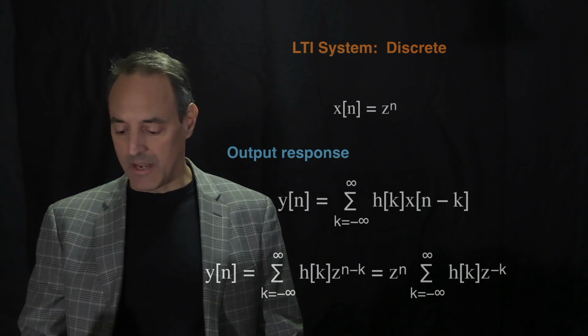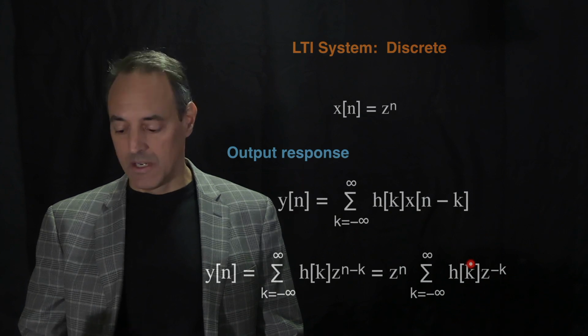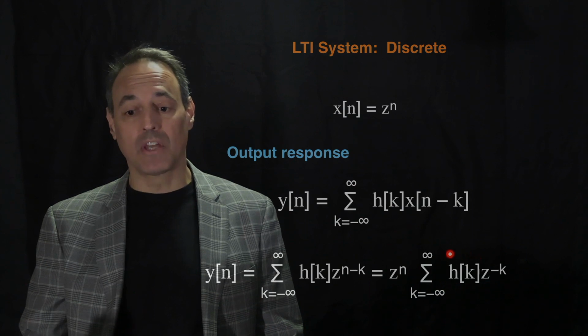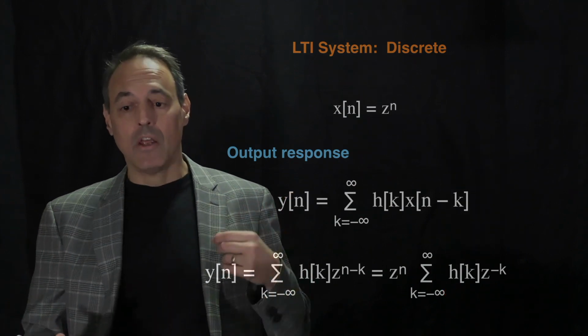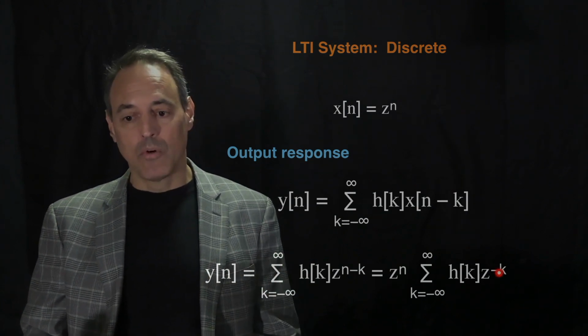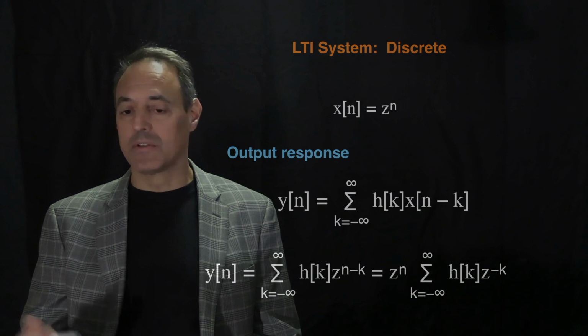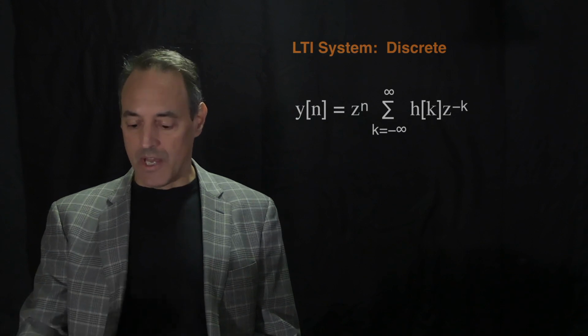So I can pull the z^n out, and what I'm left with is the sum of h[k] z^{-k}. And then this is just a summation, just like before. If I sum over all of k, this is just some number, whatever it is. Depending upon what h is, the response function, summed up over this set of exponentials in the discrete time case, I get some number that I can compute.